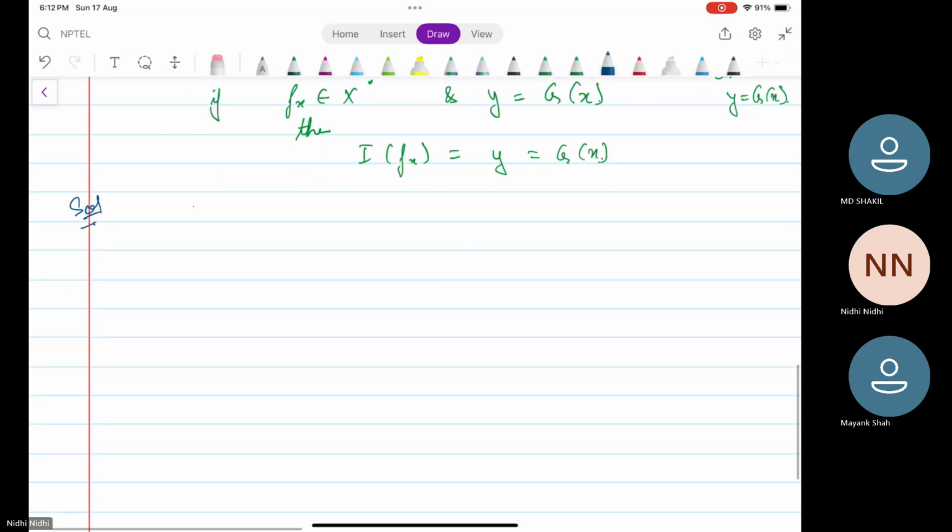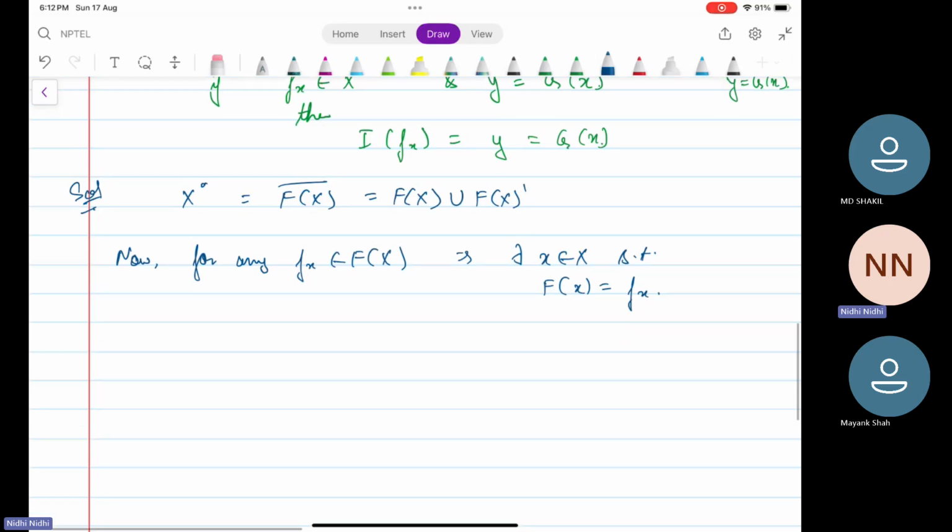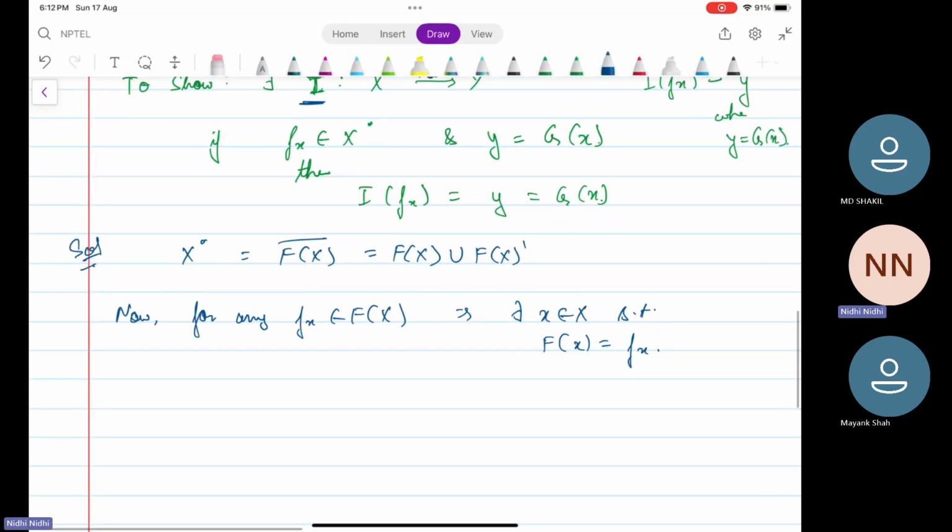So we have X star equal to f(X) closure, which is f(X) union f(X) prime, the set of all limit points of f(X). Now, for any f_x in f(X), clearly there exists some x in X such that f_x is equal to f_x. We define I for this f_x.